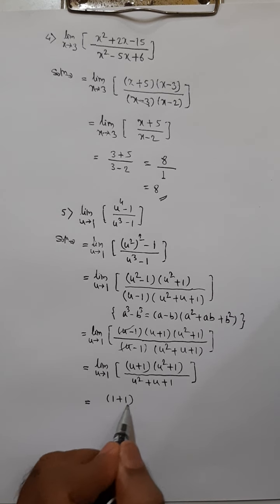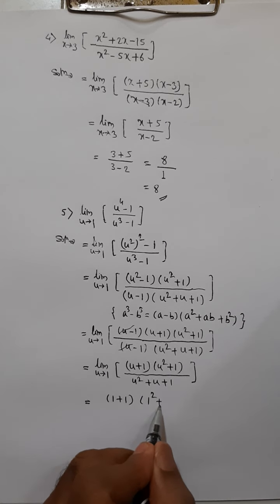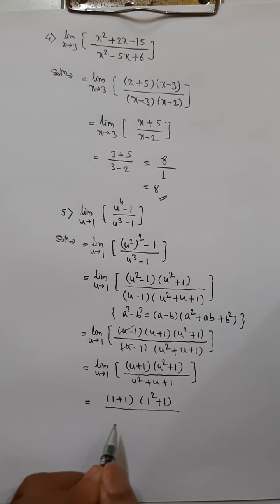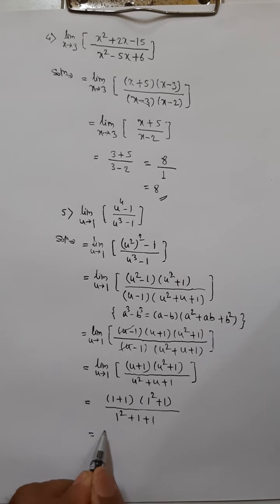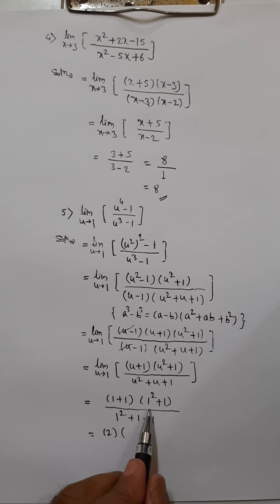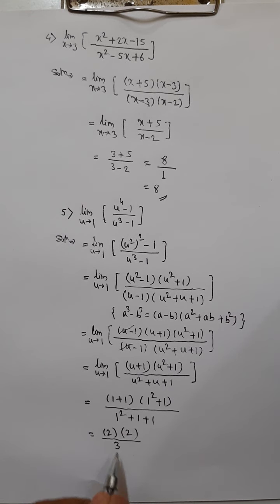So 1 + 1 is 2, 1² + 1 is 2, and denominator 1 + 1 + 1 is 3. So we get 2 into 2, 4 divided by 3. So 4/3 is the limit.